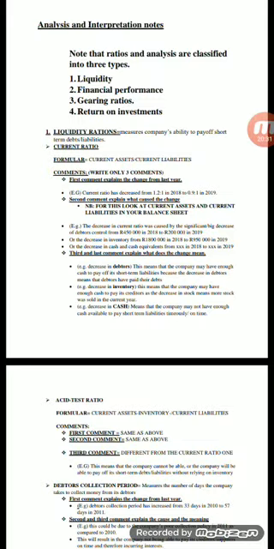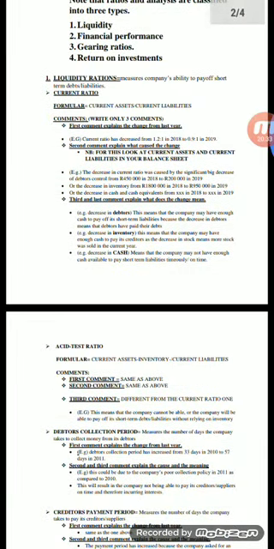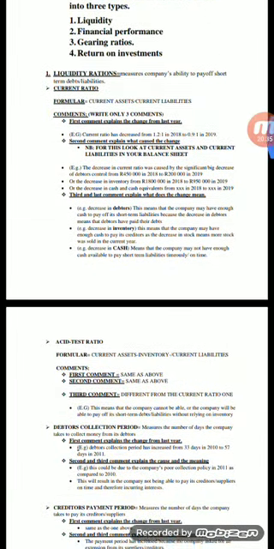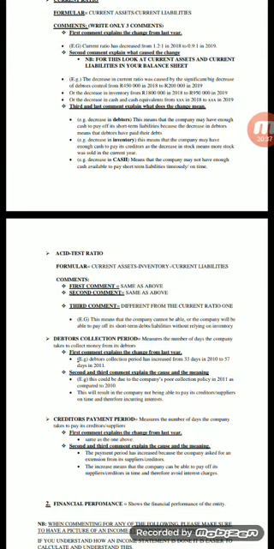Still on liquidity ratios, we are moving from current ratio to acid test ratio. The formula is more or less the same as that of current ratio, only that with this one you less, or you minus, inventory. Remember that one says current assets divide by current liabilities.